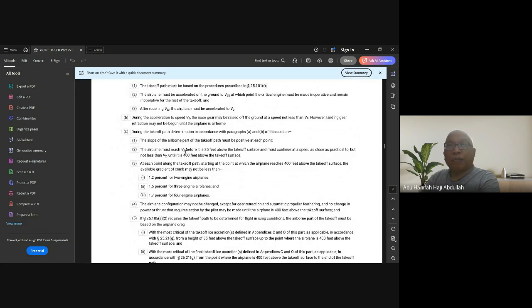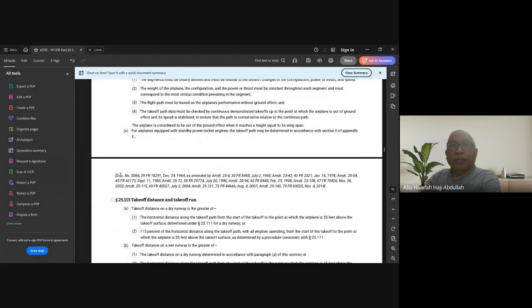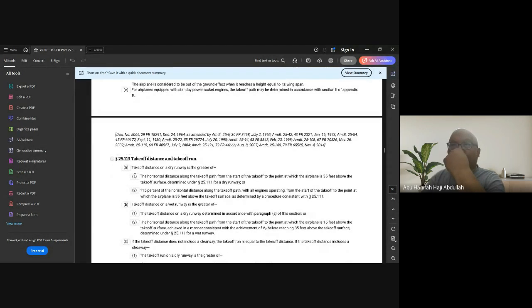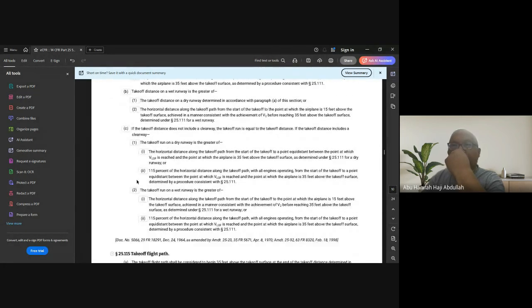There are a lot of parameters we need to consider in your test. Then talking about takeoff distance and takeoff run, you need to calculate them for every weight condition that you are looking for in operation.